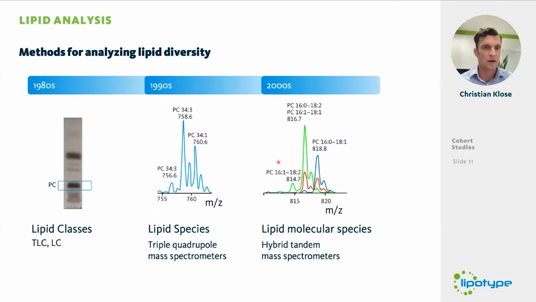The way lipids are approached analytically has changed quite a bit in the past years. It all started with thin layer chromatography to analyze lipid composition on the lipid class level. Then, with the advent of mass spec-based lipid analysis technologies, as depicted here, it became possible to really analyze lipidomes at the level of individual lipid molecules.